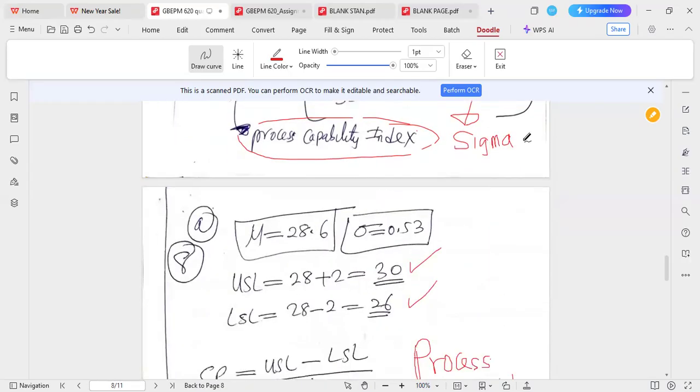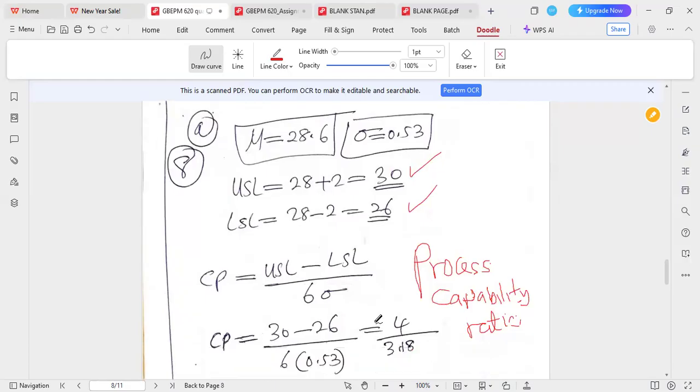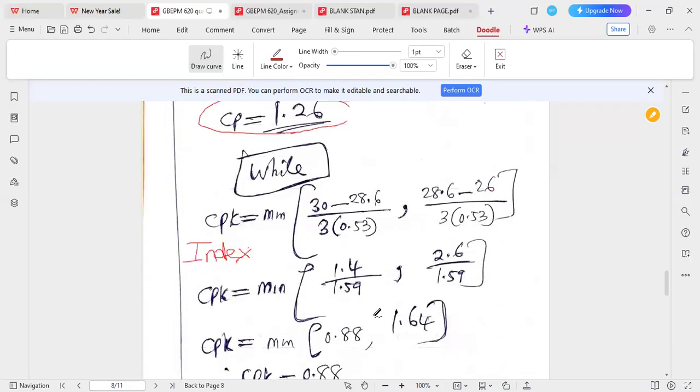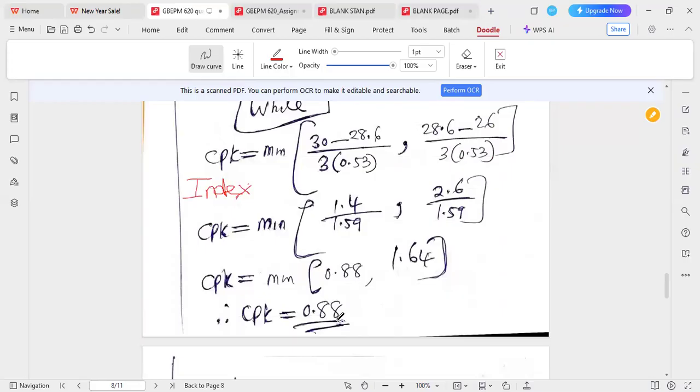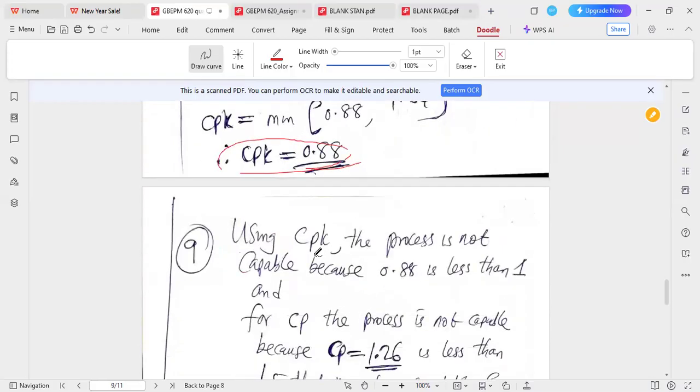Okay, so after this one, we are getting down to the minimum. So it is 0.88. So using the CPK, the process is not capable because 0.88 is less than 1.